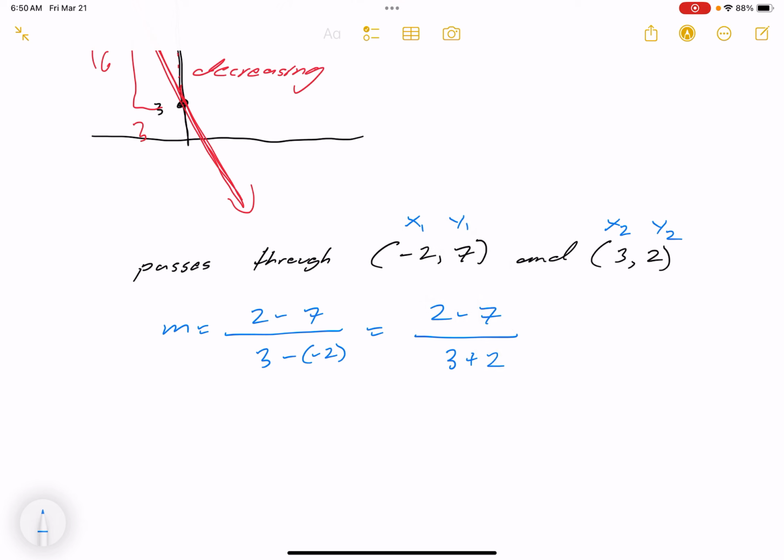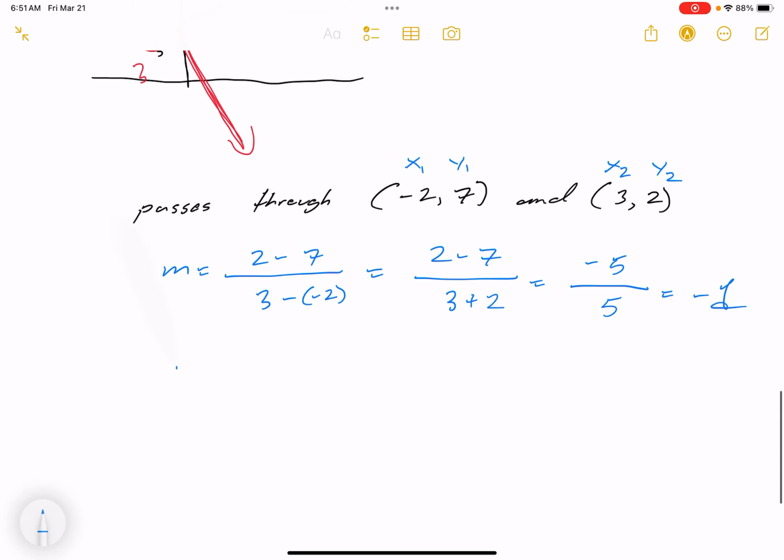Remember, negative times a negative equals a positive. So it's going to be negative 5 over 5, so that's going to be negative 1. That's going to be your m.